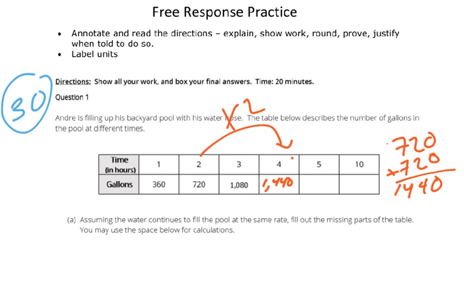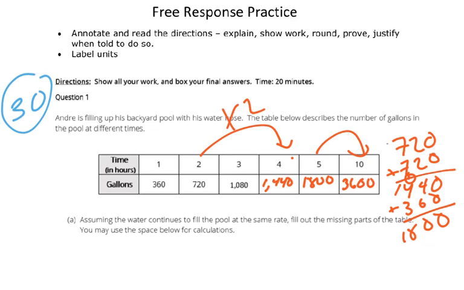4 plus 1 is 5, so I'm going to add the gallons that we had at 1 hour for 1,800. And then doubled that for 10 should be 18 times 2 is 36, right? 3,600.